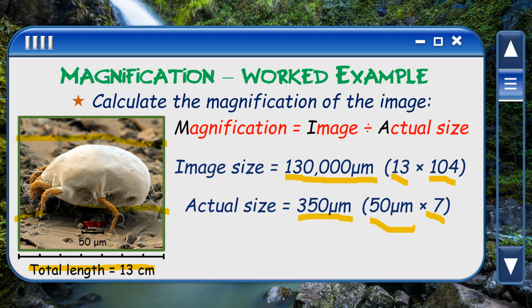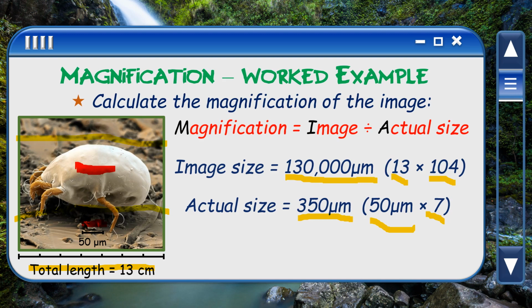Now someone may ask, where are we getting the 7 from? If you look at our organism here and you measure its actual size, here they are saying from this point to here it is 50 micrometer.